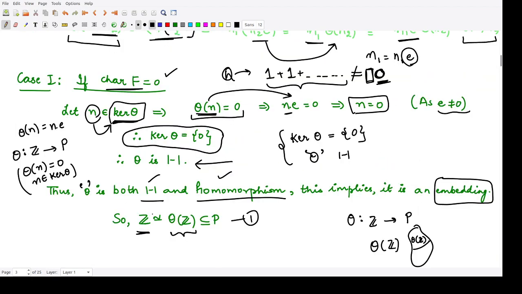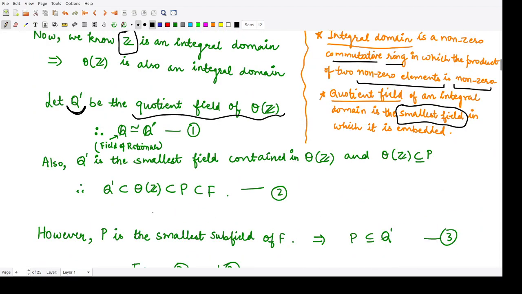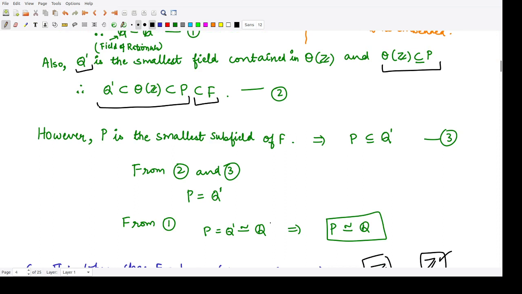So next we say this Q', because this is the smallest field which is contained in θ(Z), and θ(Z) is contained in P, therefore this Q' is also contained in P, and P in effect is contained in F. So that means we say P is the smallest subfield of Q. No, that is not the case.